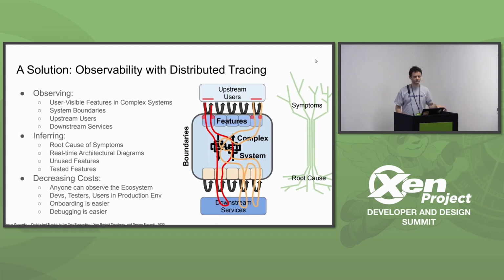The suggested solution for that is observability with distributed tracing. You focus on capturing features or actions inside the system and coupling them to something that's observable. In the example here, we have a specific action that happens, those two lines at the top. It's an abstract action, but for instance, it could be a memory scrub in Xen, some activity happening in Xen. Or perhaps at the Toolstack level, it could be something like VM.start.